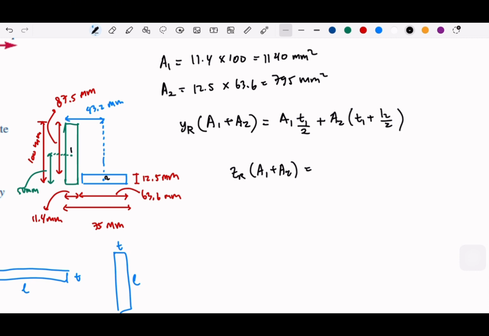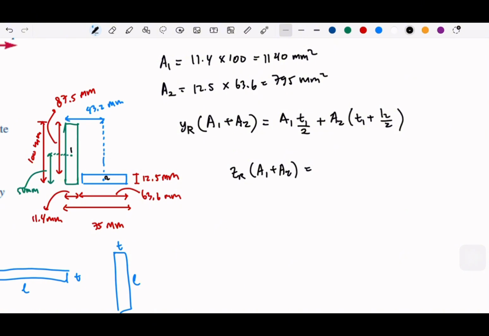So YR is all the horizontal lines, which means A1 multiply with the T1 over 2, this one, and then A2, this is T1, the whole thing, multiply with the L2 over 2, this one. So this is 43.2. Okay.